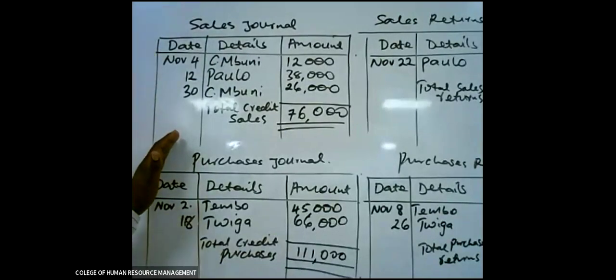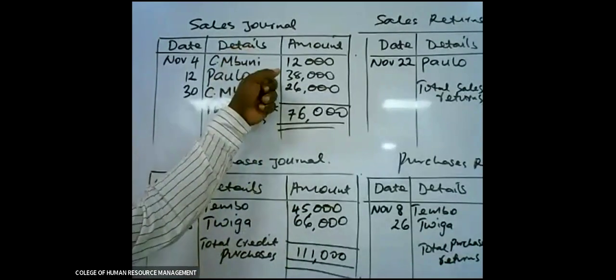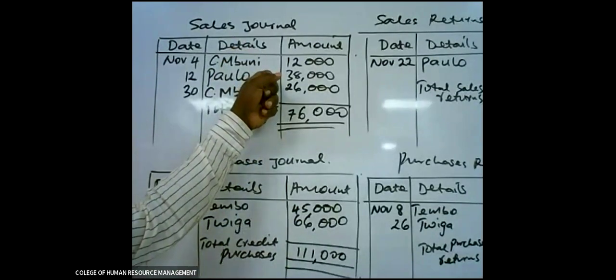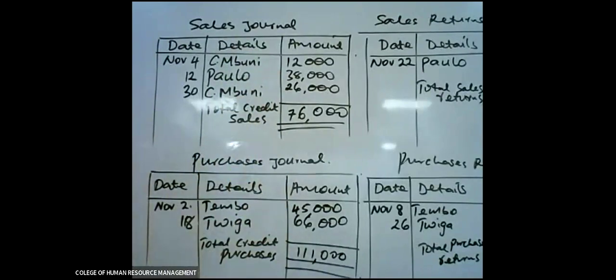This one records credit purchase of goods. You don't record any cash sale. You don't record any cash purchase. You don't record any sale of fixed asset. You don't record any purchase of fixed asset because they don't qualify. They must be goods and on credit. Fixed assets are not goods. Also, don't record any cash transaction there. Okay, thank you.